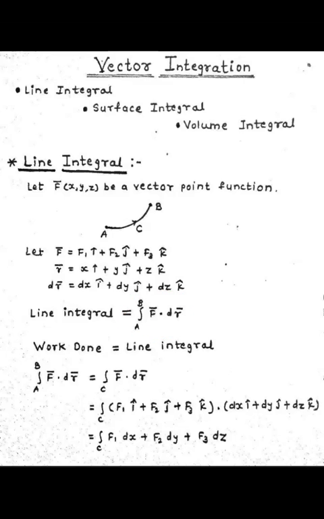Now, students, line integral is also called work done. To understand the meaning of work done, imagine a path is given which starts from point A and goes to point B, and one particle is placed at point A so that it starts moving along this curve C from A to B after applying the force F bar on it.